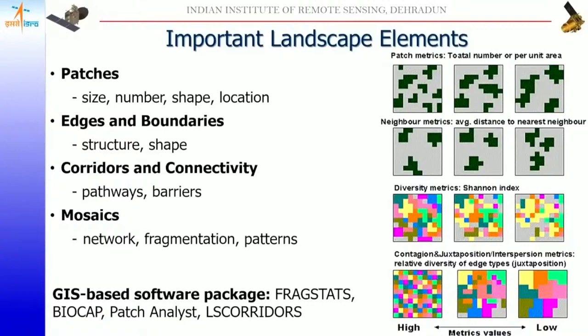So how these patches are intermixed with each other, and the distance between the similar kind of patches. So here you can see the high metric value, because the patches are distributed all over the area, and in this case there is more distance between the similar kind of patches.